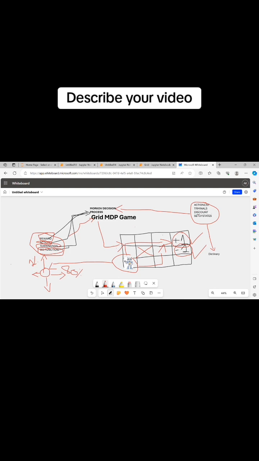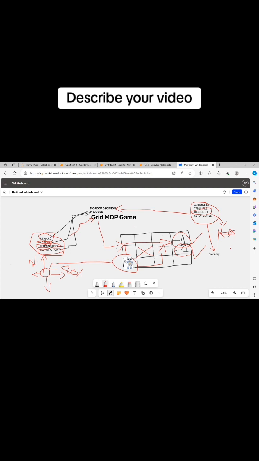Discount is basically it will delay the reward, and it will multiply the discount value with the reward.